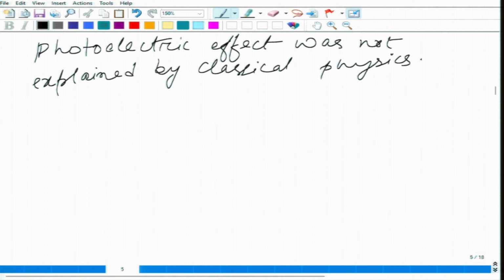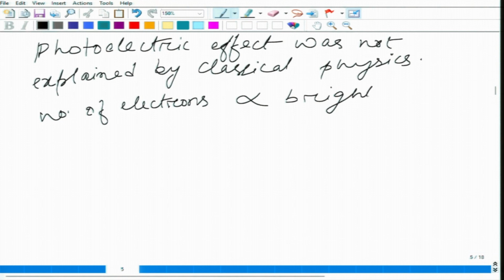Also, earlier it was believed that the number of electrons ejected was proportional to brightness, but this was wrong.